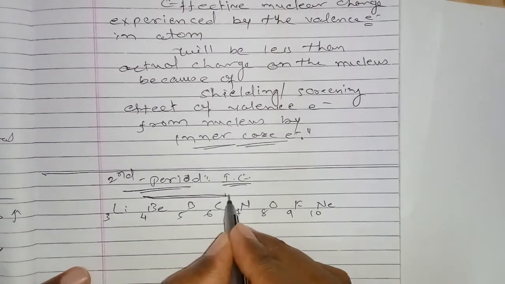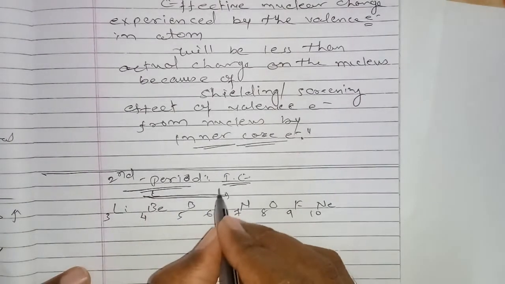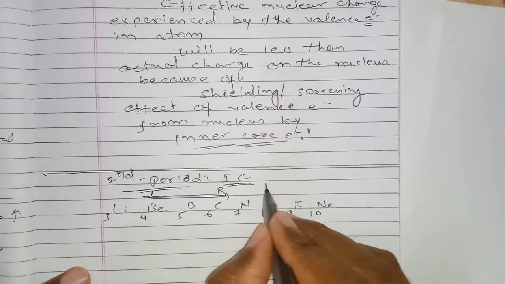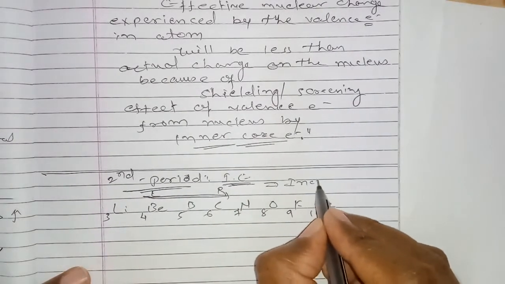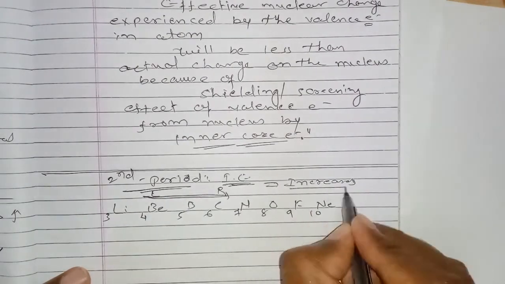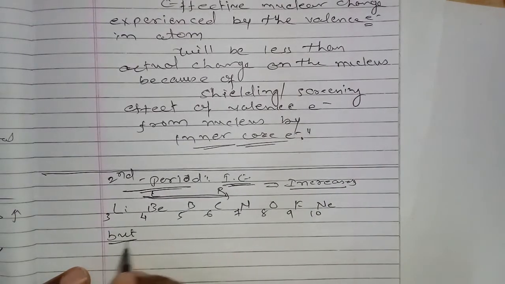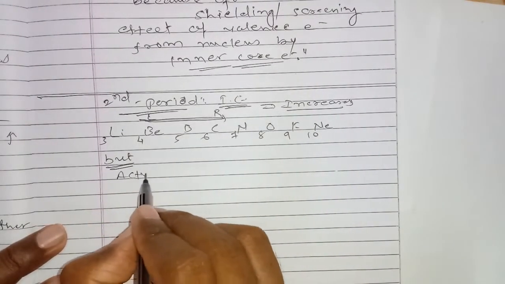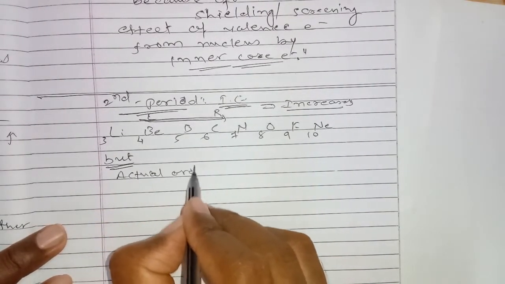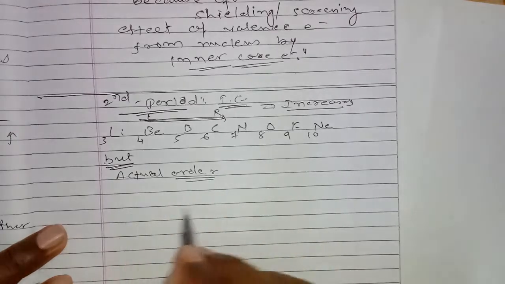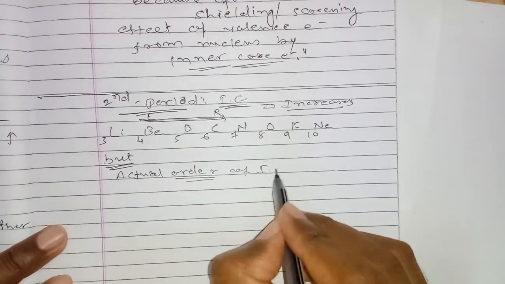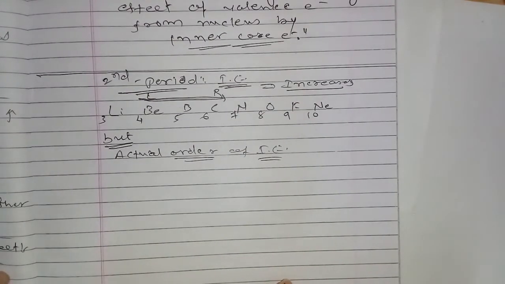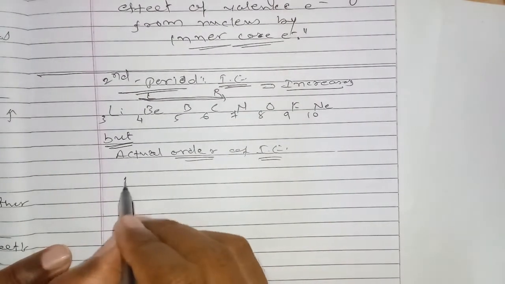When we move from left to right in a period, its ionization enthalpy increases, but its actual order of ionization enthalpy is here.